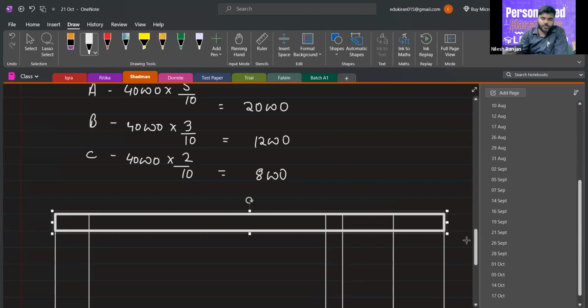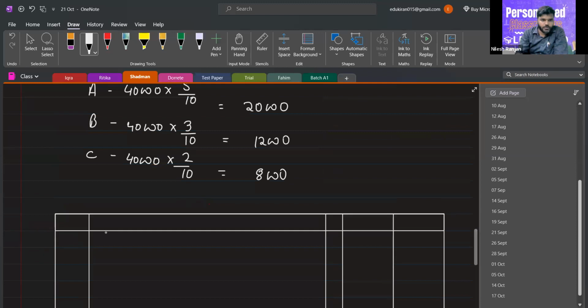Okay, so this is our format: Date, Particulars, LF, Debit amount, and Credit amount.